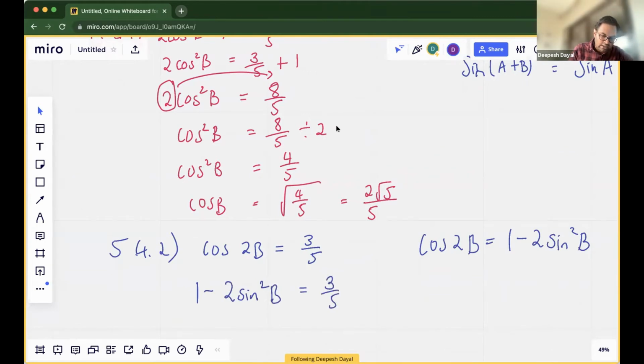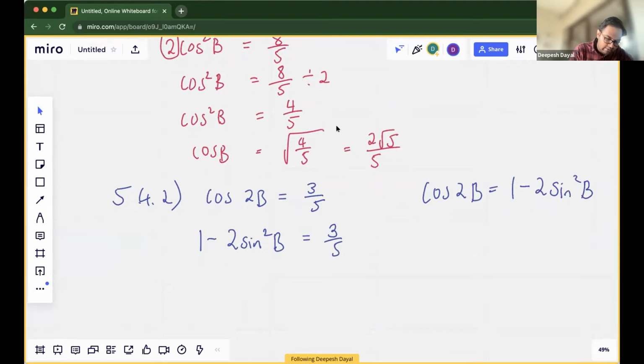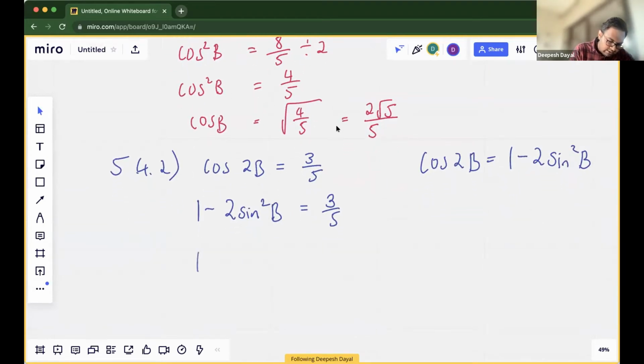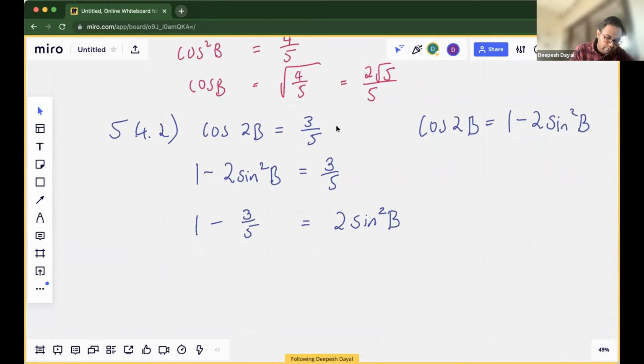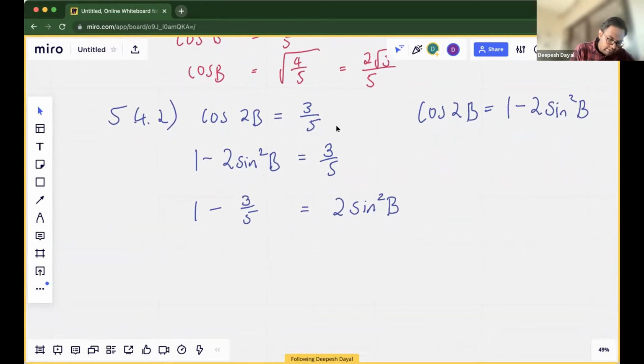And then I'm going to make the sine squared b the subject of the formula. So I'm going to say 1 minus 3/5 equals 2 sine squared b. And 1 minus 3/5 divided by 2 gives us sine squared b.